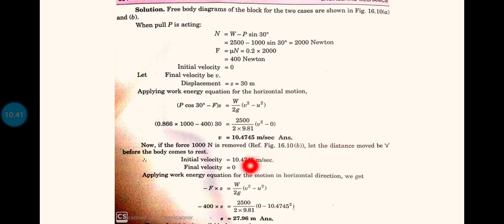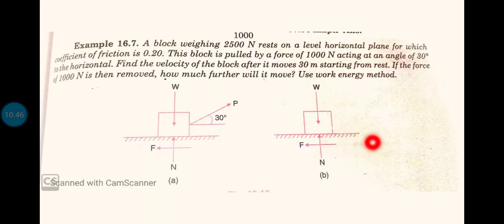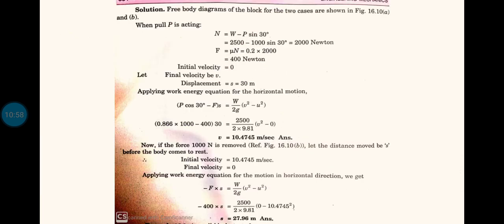Now applying the work energy equation for the motion in the horizontal direction, here there is no P. In the second case, this is the free body diagram: only the resistive force acts against the motion. The body is moving in this direction, but the force is in the opposite direction. So force into displacement, F into S. Here you can see a minus F, since F is acting opposite to the direction of motion, that's why negative. Minus F into S, that is work.